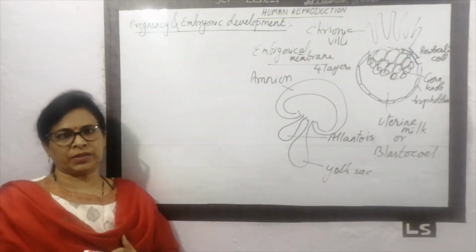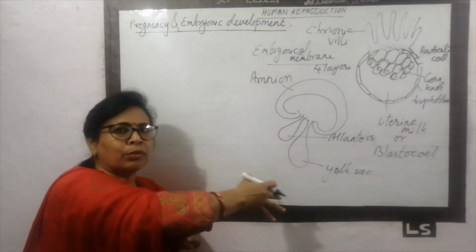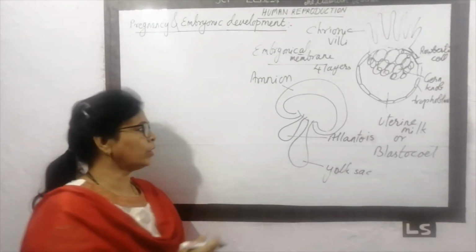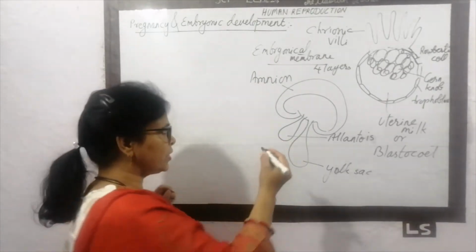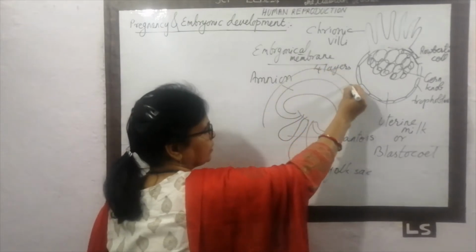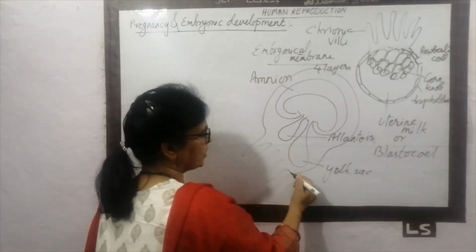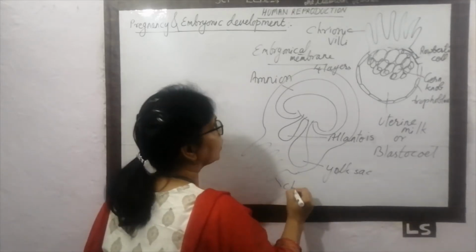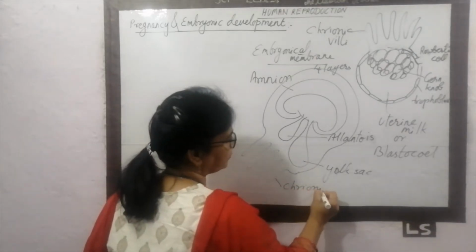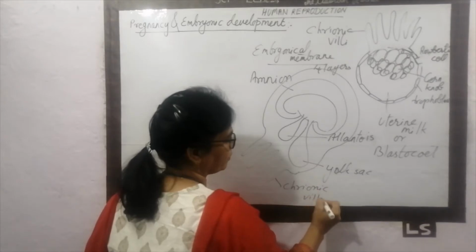One more layer is present that covers the whole embryo, and that is called the chorion. Here the finger-like projections are there, the chorionic villi.